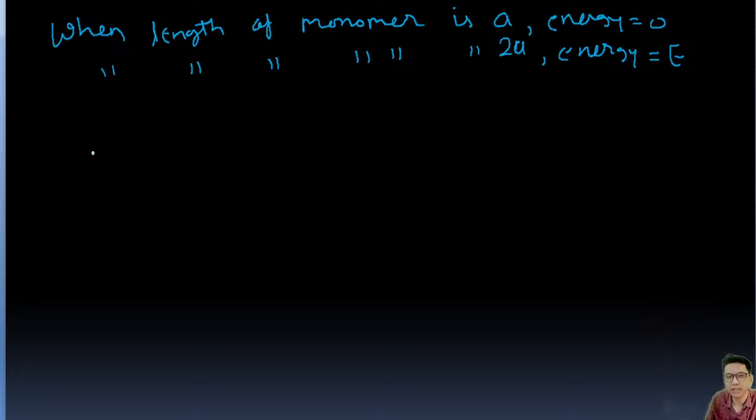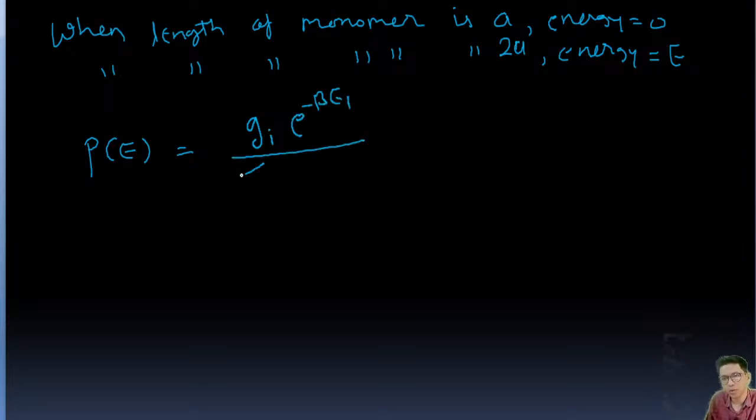Now we know the formula, right? The probability of a monomer whose energy is E is equal to g_i e^(-beta E_i) upon sigma g_i e^(-beta E_i).